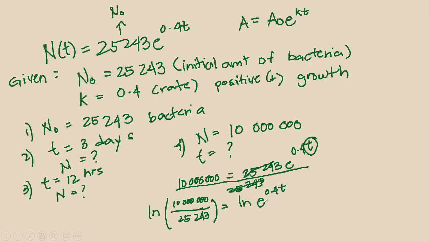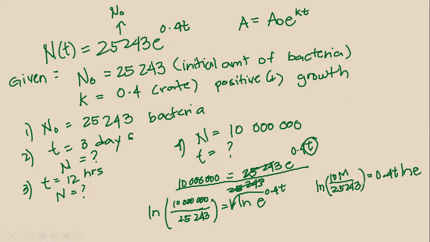Okay? So kapag meron tayong logarithm tapos meron siyang kasama na may exponent, so pwede nating ibaba yung exponent dito sa unahan. So rewriting, 10 million over 25,243 is equal to 0.4 t times ln of e.